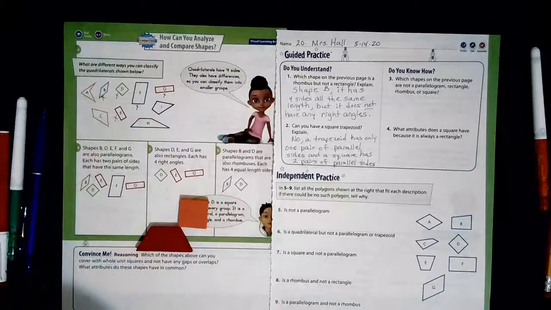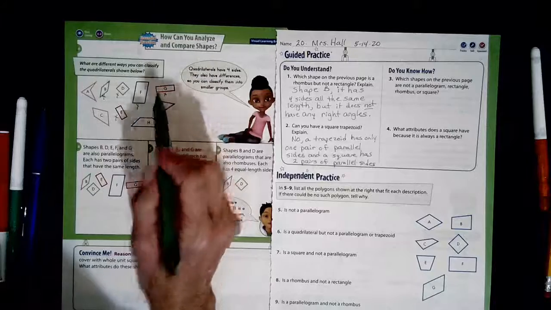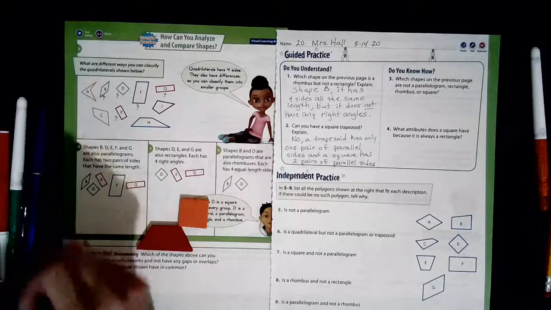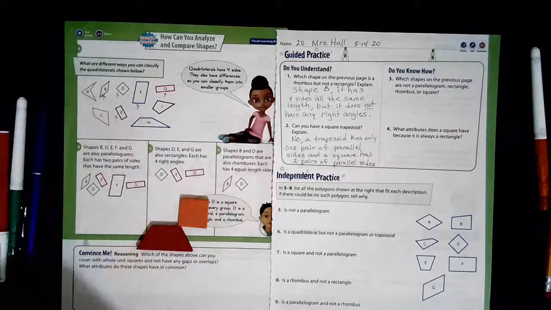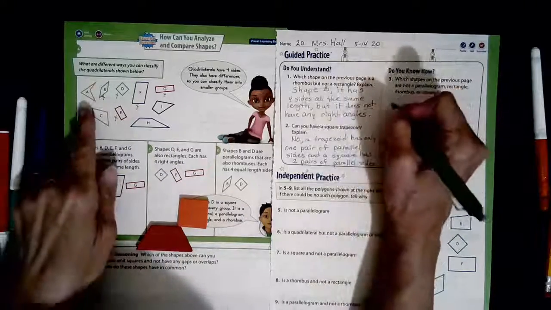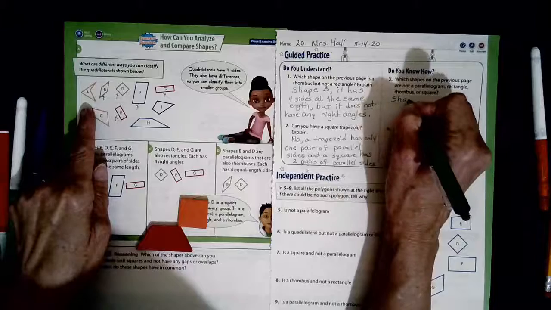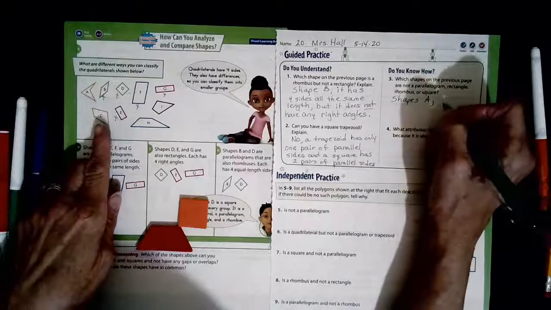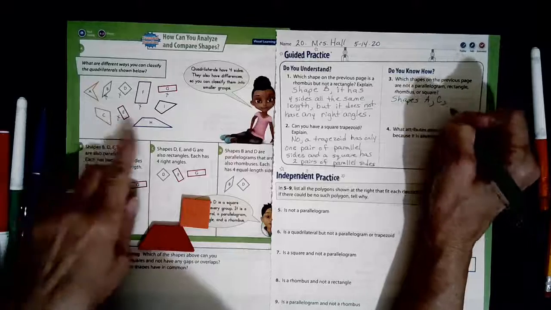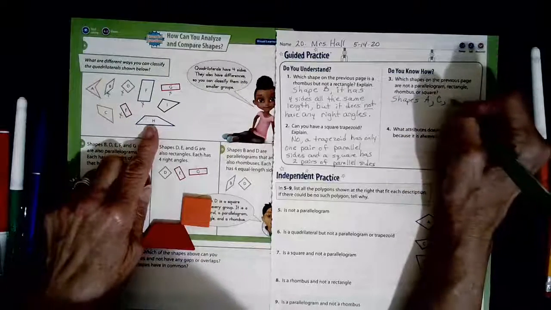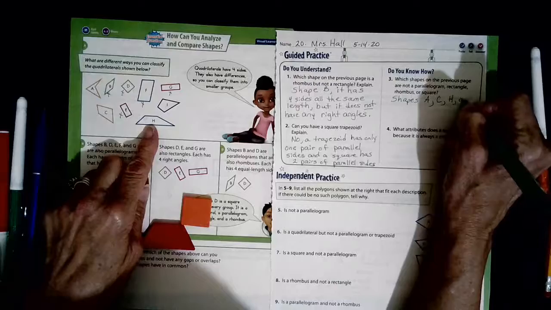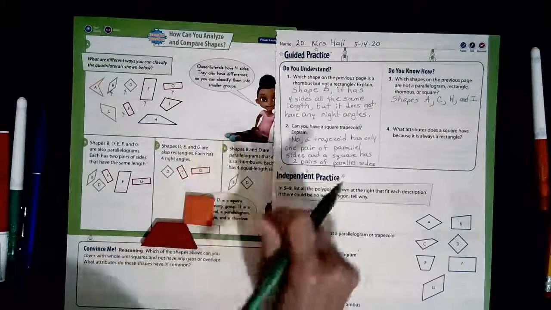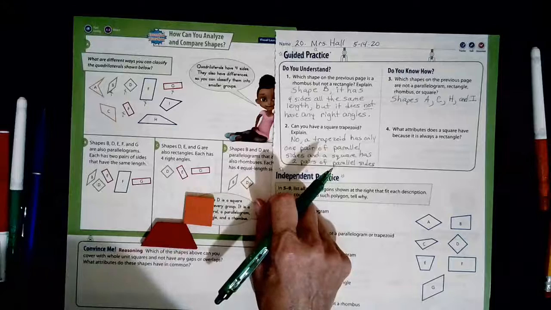So if those are the ones that are parallelograms, which ones are not? Which ones did we not cross off? Well, it would be shapes A, C, H and I. Those shapes are not parallelograms.